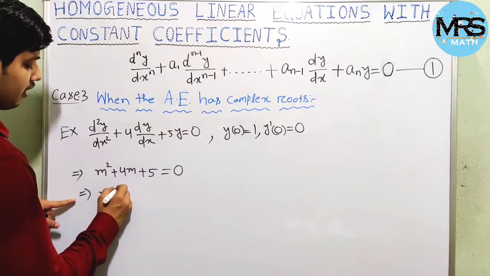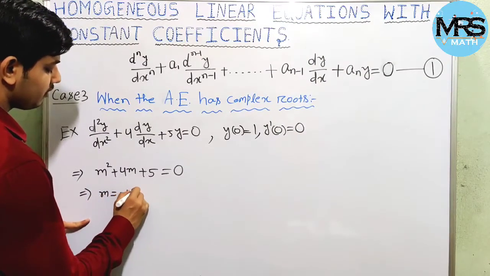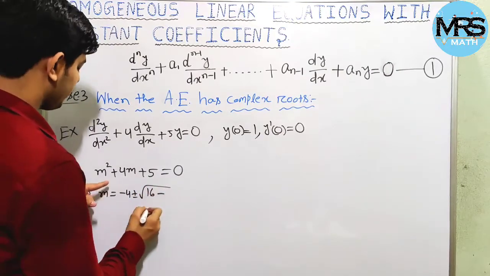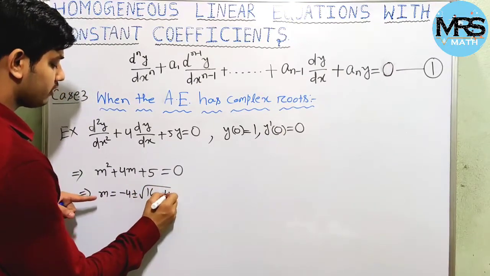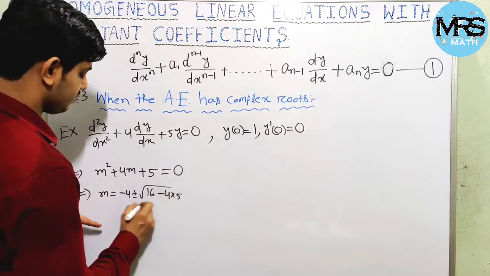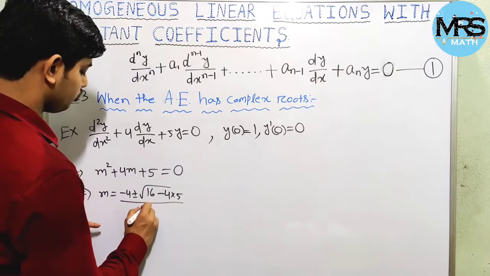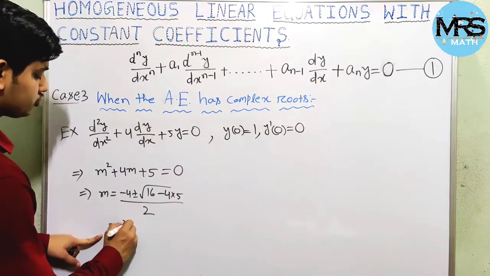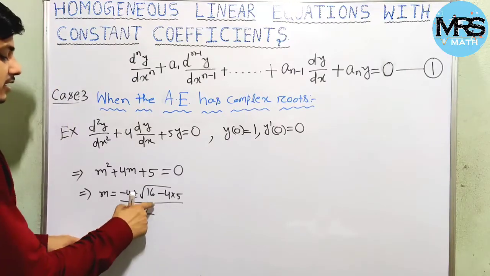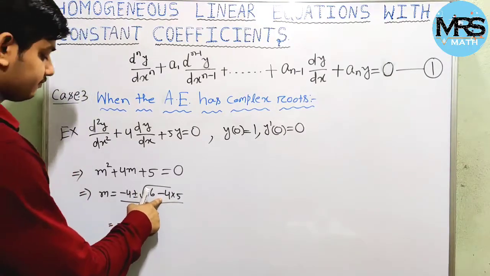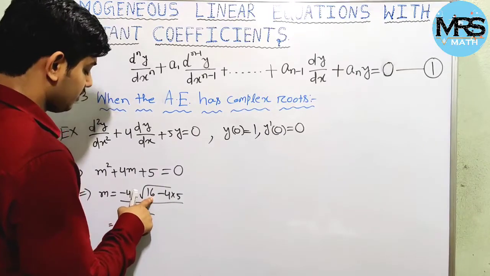m will be minus 4 plus or minus square root of b square minus 4ac, 4 into 5, that is 20, over 2. So what we will get? This 2, that will be minus 2 plus or minus, that is 20 minus 16 is minus 4.